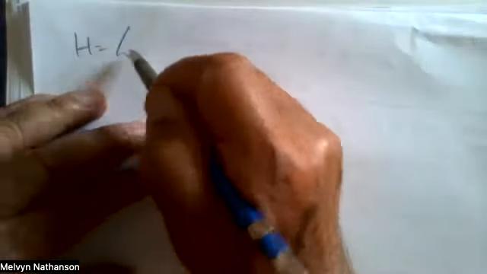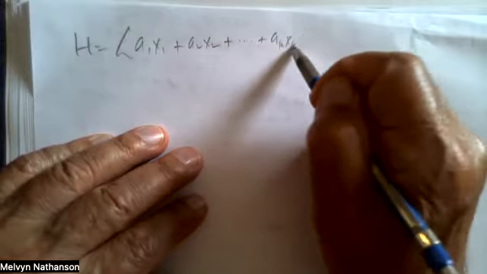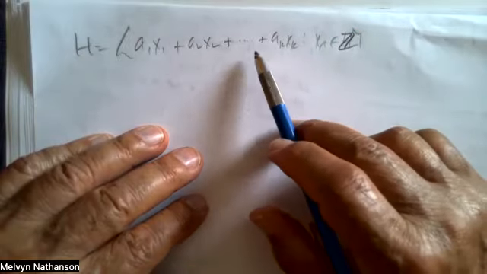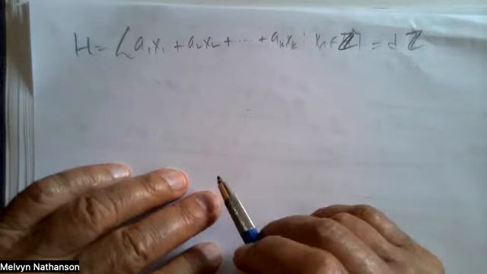So let's just take a look at this. So H, which is the set of all integral linear combinations of A1 up to Ak, is the set of all multiples of d.